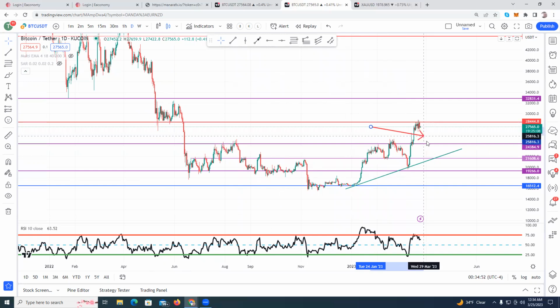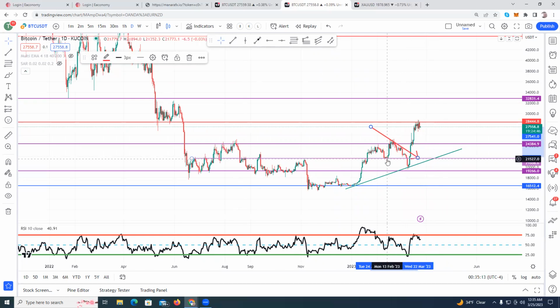So when price pulls back down to this region in the future, we can anticipate that it may act as a strong support. And if this support doesn't hold, we have an even stronger support right below it with the confluence of potentially the trend line and structure of support.